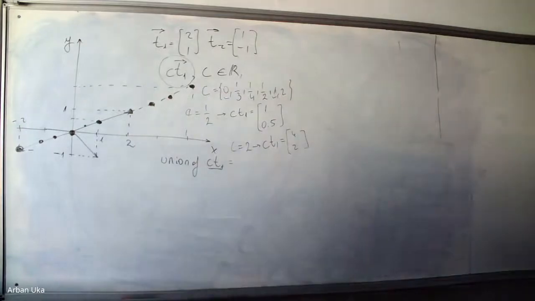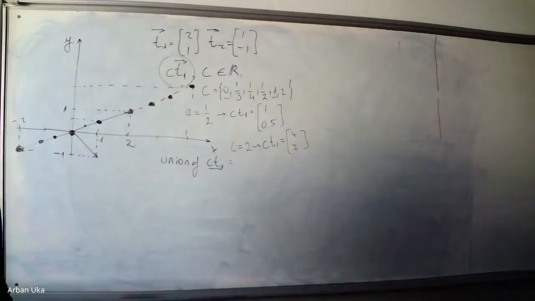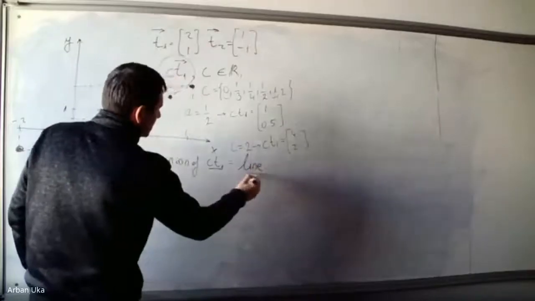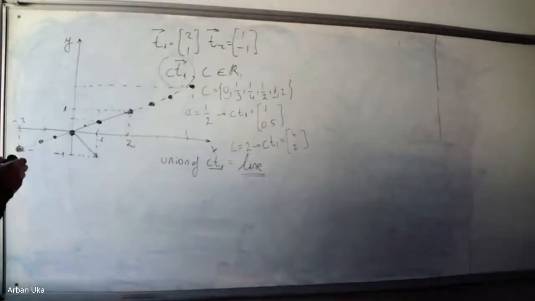What could all these points constitute? A line. It's a line, that's correct. We get a line if we add up all of these points together.